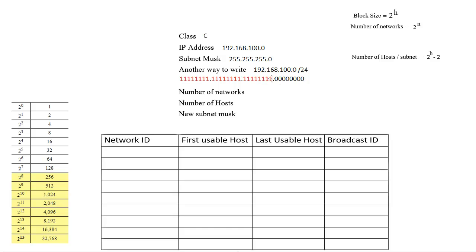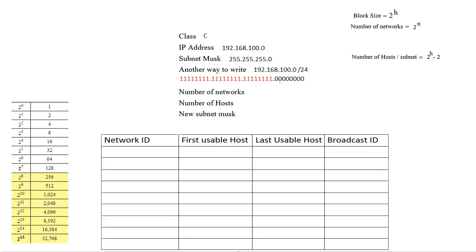So all these are for network and the fourth octet's 8 bits are used for host, which will give us 256 addresses, and one address is used for network ID, one for broadcast.